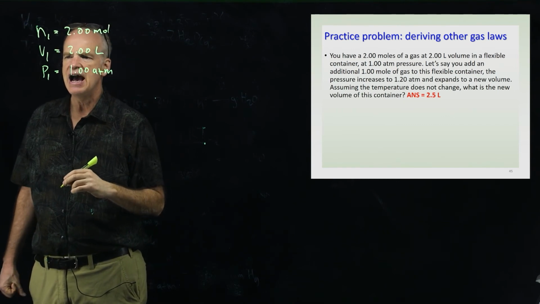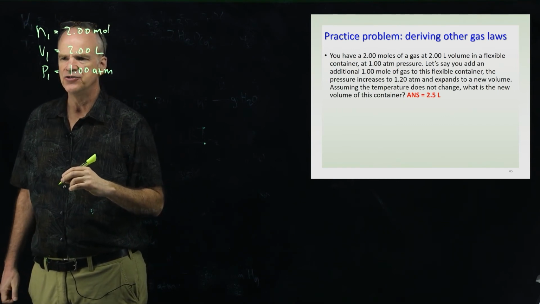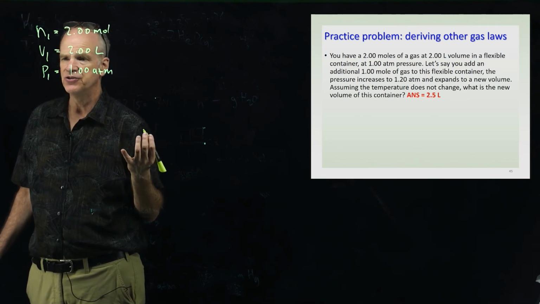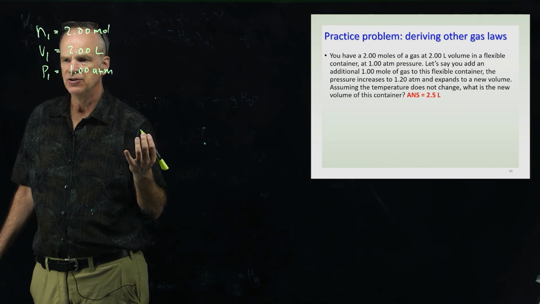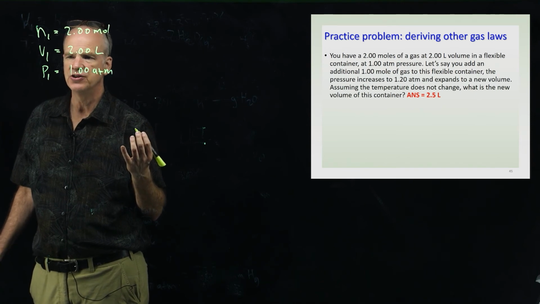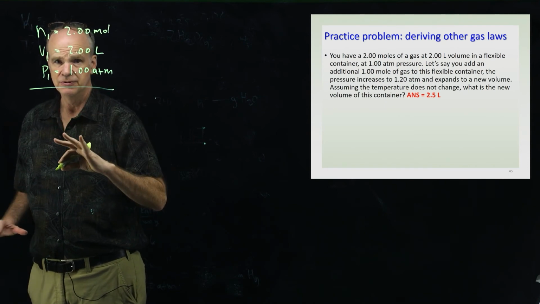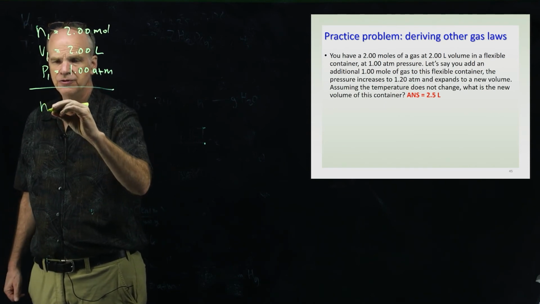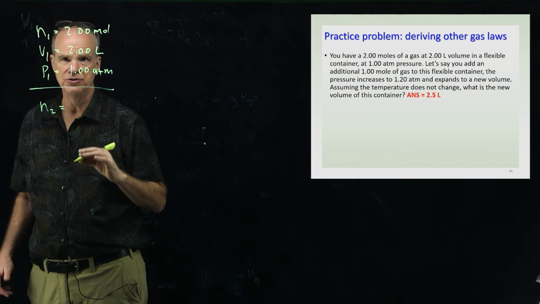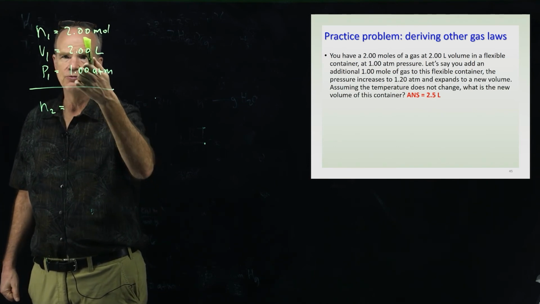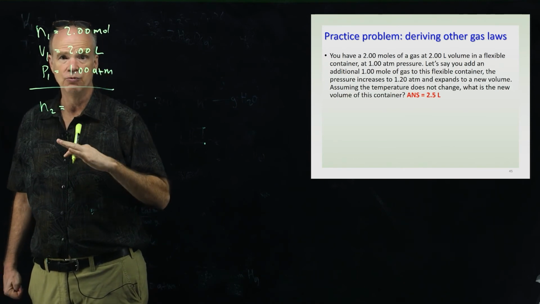Let's say you add an additional 1 mole of gas to this flexible container, and the pressure increases to a new pressure, 1.2 atmospheres, and expands to a new volume. What is the new volume of this container? Okay, so we now know some new conditions. So the new number of moles at the new conditions, N2, it looks like we're going to take the original number of moles and add just another 1 mole to it.